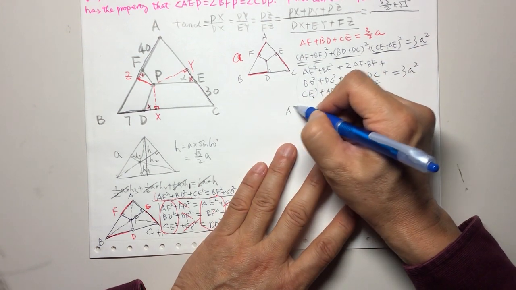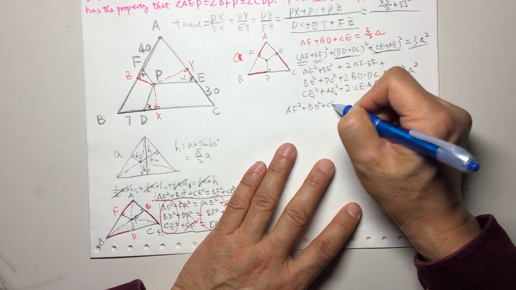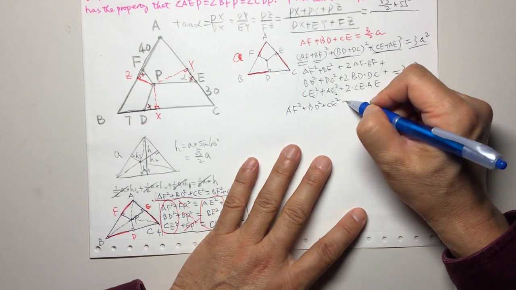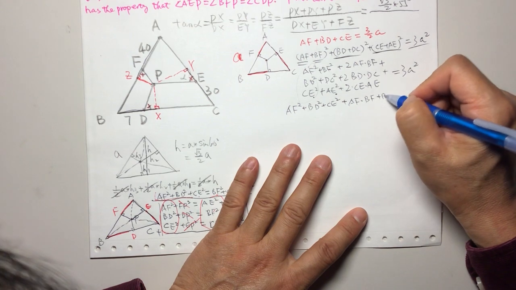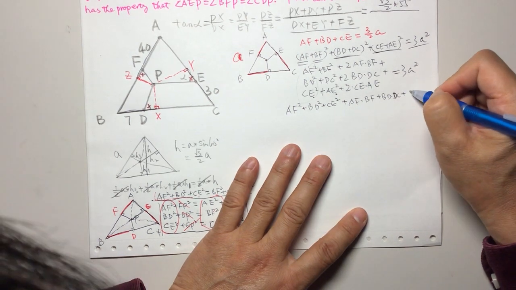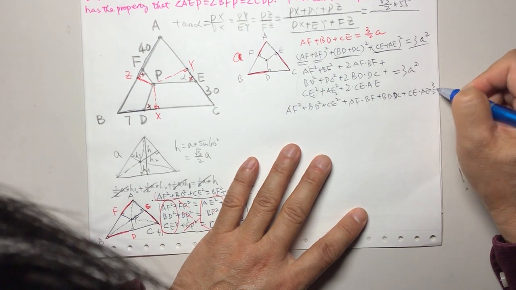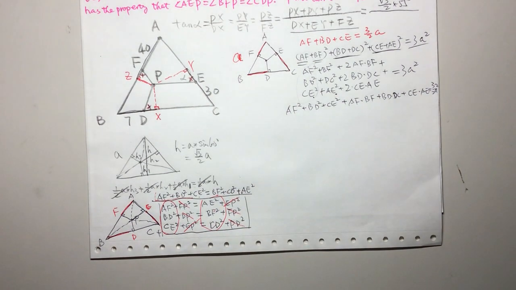It means I got AF squared plus BD squared plus CE squared, and plus AF times BF plus BD times DC plus CE times AE equals 3/2 A squared, right? Each side divided by 2.